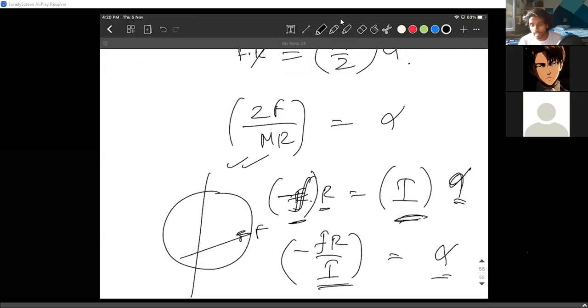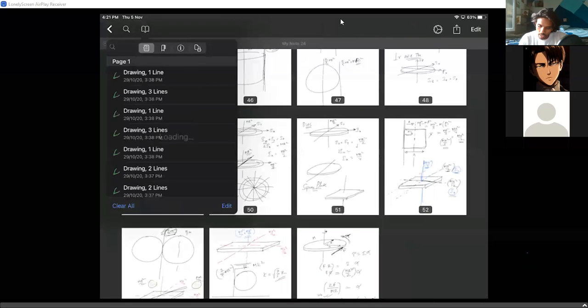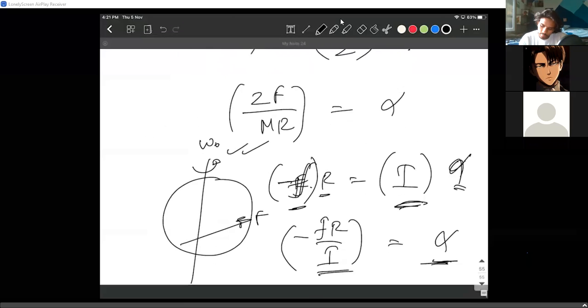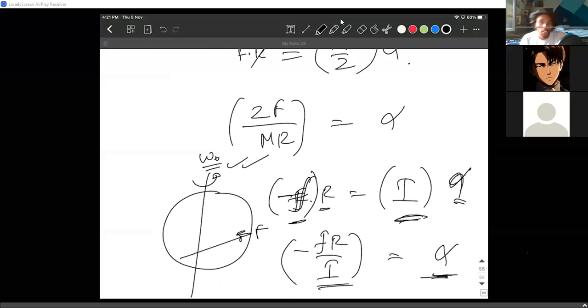Once you get the angular retardation, again they give you a kinematics problem saying after how much time will it come to rest. Initial angular velocity will be given as omega naught. Final angular velocity is 0.